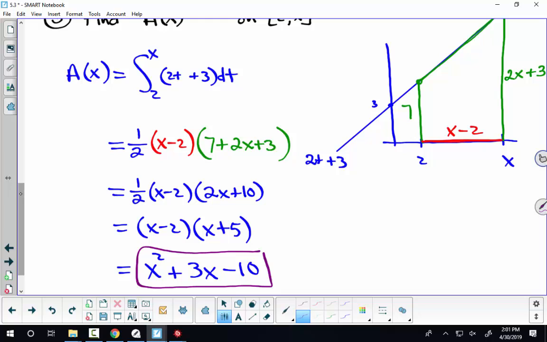So the area function stopping at x from 2 to x under 2t plus 3 is x squared plus 3x minus 10.